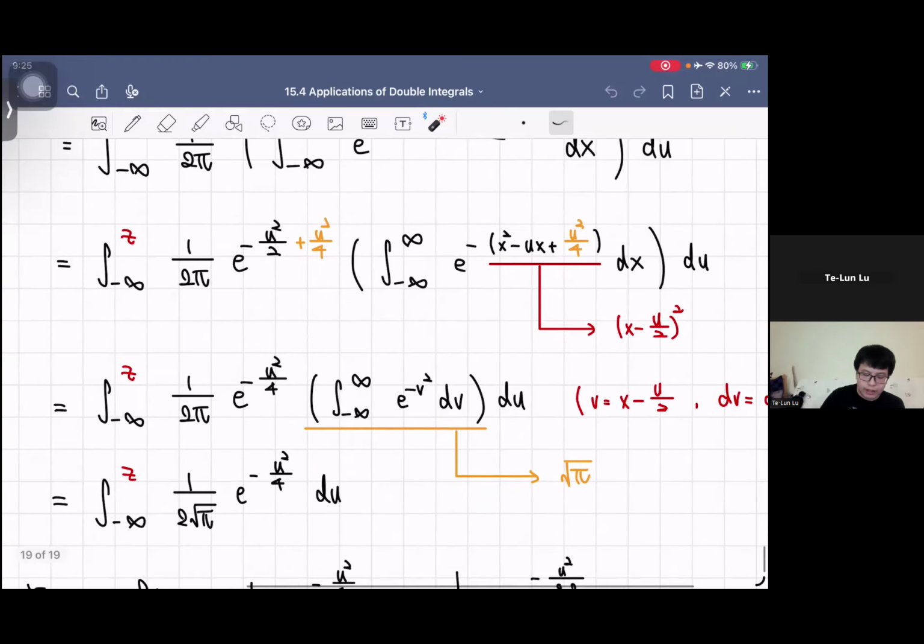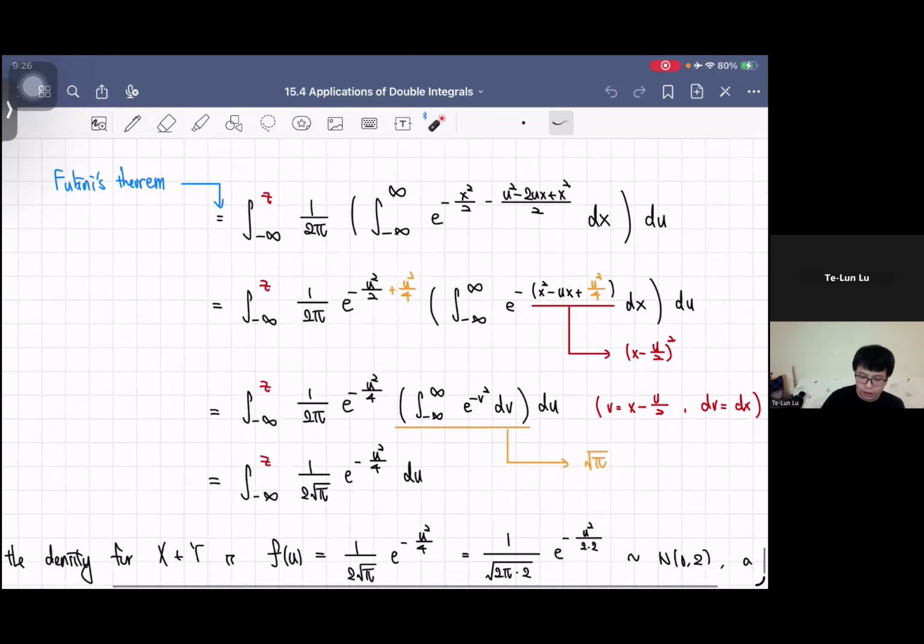Now the prefactor here is e to the minus u squared divided by 4. And this, again, we have done a million times. This is root pi. So taking root pi divided by pi, you get 1 over root pi here. So this will be our density.